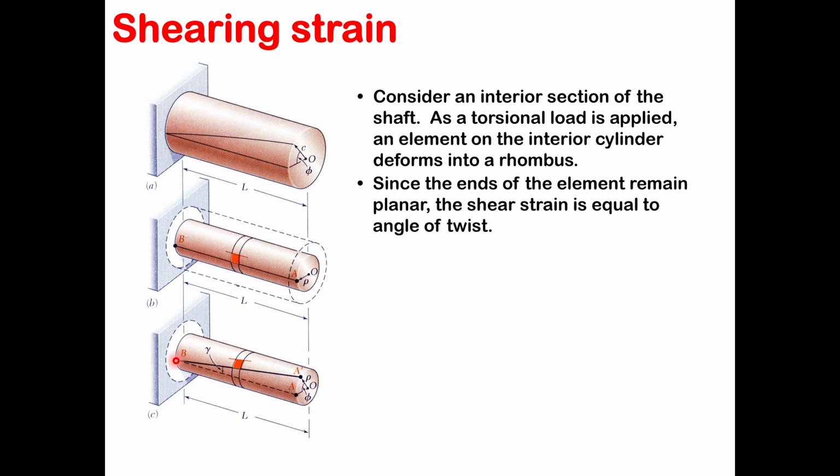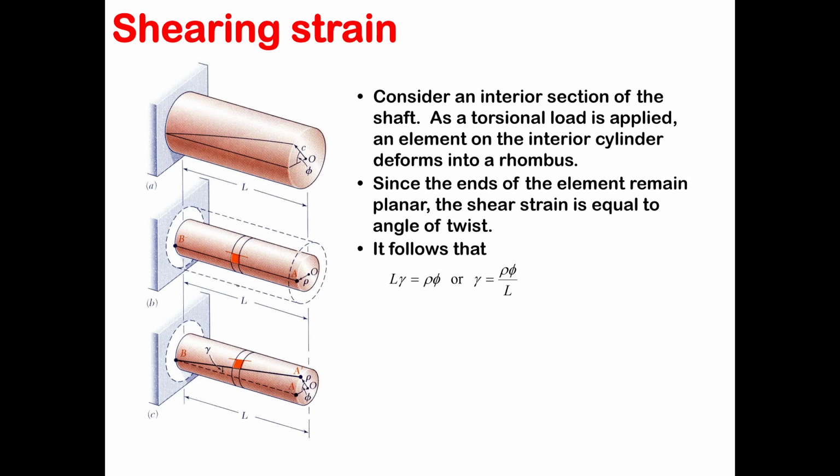But if you use point B as the center of your coordinate system, the arc length is going to be your gamma, which is your shear strain, multiplied by this radius, which is the length of the beam. So the two are going to be equal, and your gamma eventually will end up being equal to rho phi, your angle of twist, divided by L.